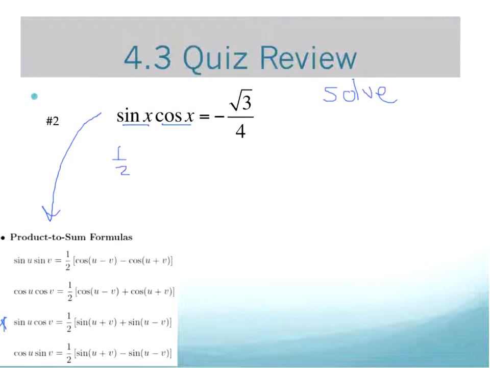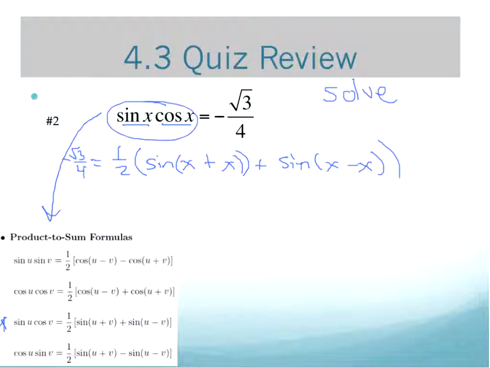So I'm going to have a 1/2 sine x plus x, I guess I should write like that, plus a sine x minus x. And all of this is going to equal that negative root 3 over 4.